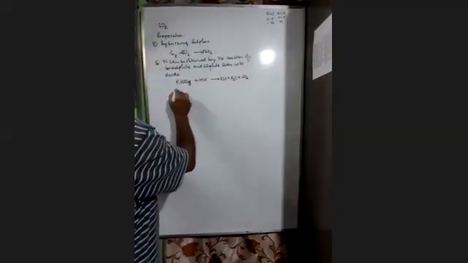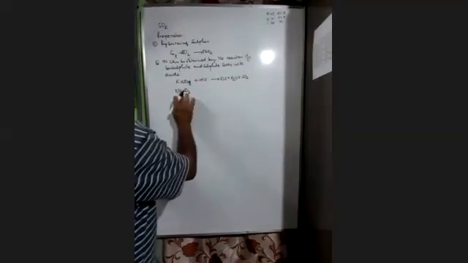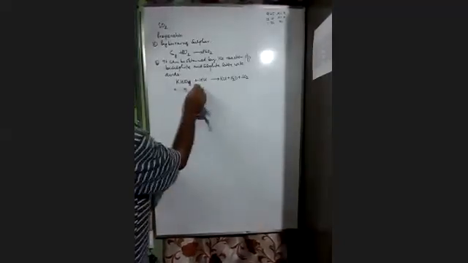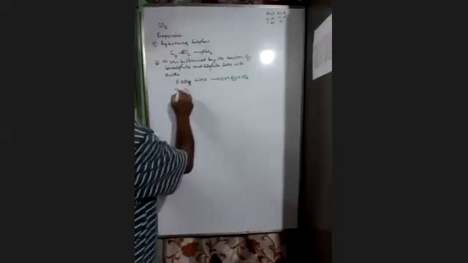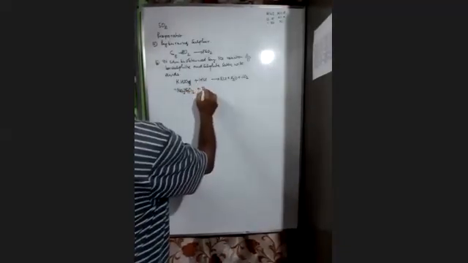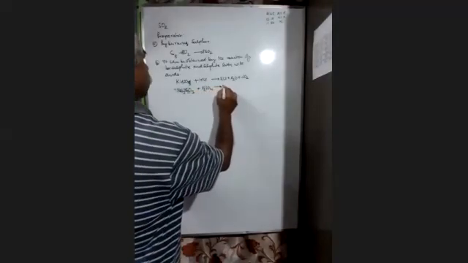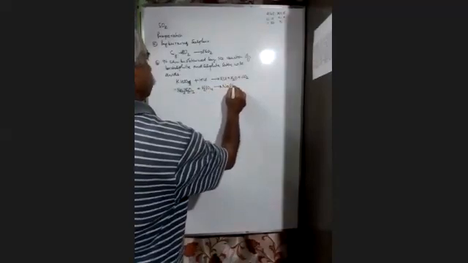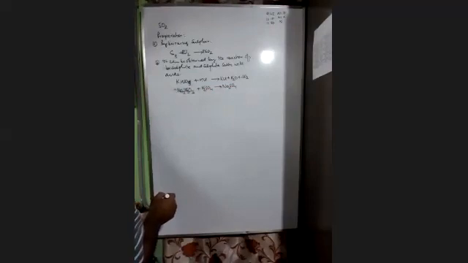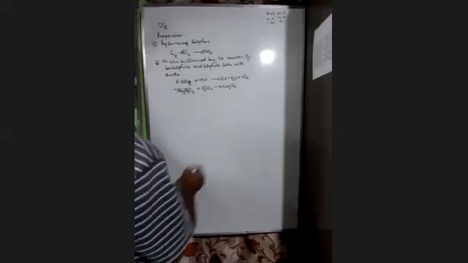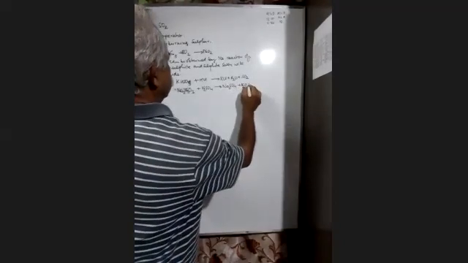If you have taken sodium sulfite, Na2SO3, plus sulfuric acid, you will get sodium sulfate, H2O, and sulfur dioxide.